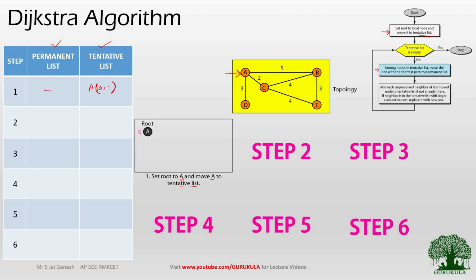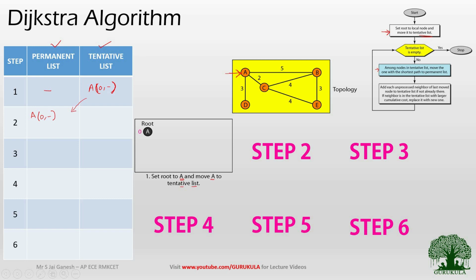As of this step, we don't have any options available here, so we will just move the available entry to the permanent list. So we will be moving A0 hyphen to the permanent list. This step is done, and then we will see what we have to do next.